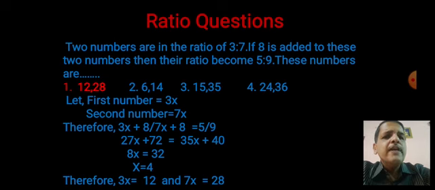Now from 35x, minus 27x, you will get 8x is equal to 72 minus 40, 32. So 8 4s are 32.